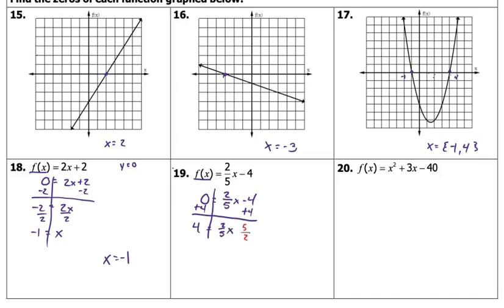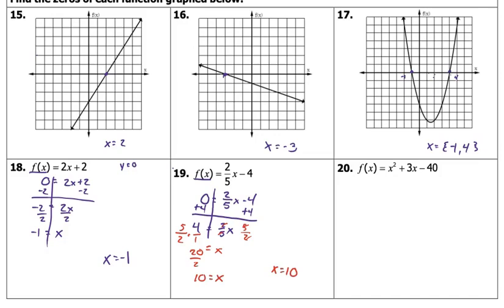Remember, we're going to multiply by the multiplicative inverse. 2 over 2 is 1, 5 over 5 is 1, so I know that this is just going to be x, but I have to multiply the other side as well. So we're going to multiply 5 over 2 times that 4, which we can write as 4 over 1. 5 times 4 is 20, and 2 times 1 is 2. Now I can simplify that. 20 divided by 2 is 10, so x equals 10.